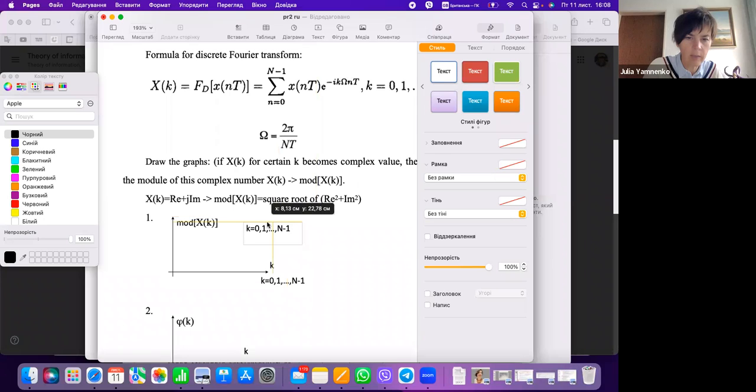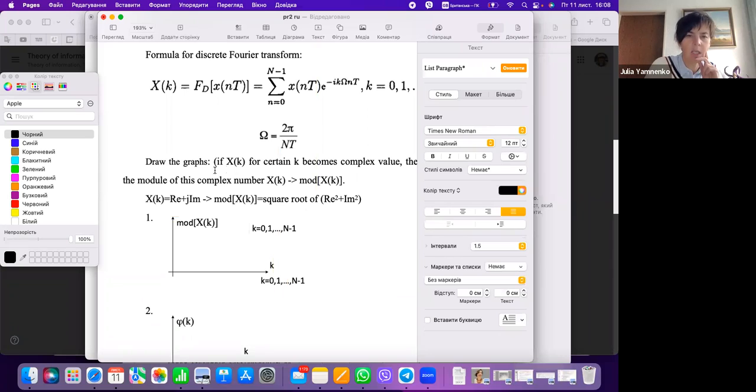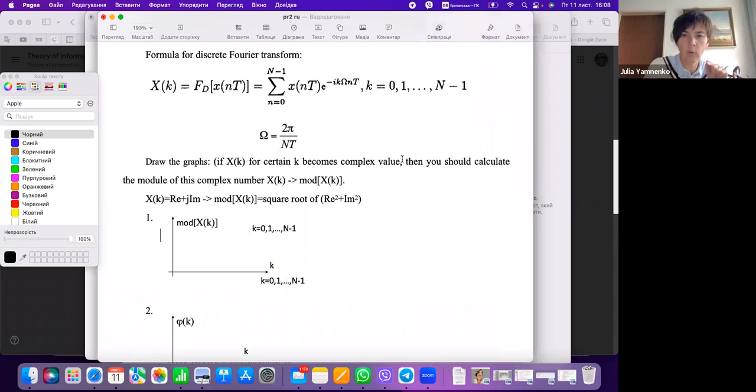Okay, so I will repeat. If we obtain our component of the spectrum in a complex form, so if for certain k you obtain a complex value, then you have to calculate the module of this complex value. And the module you can calculate using this.